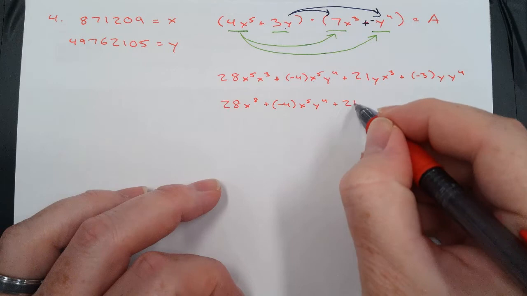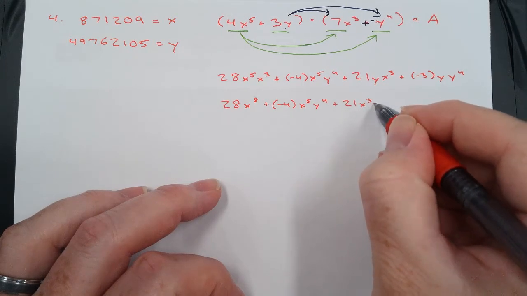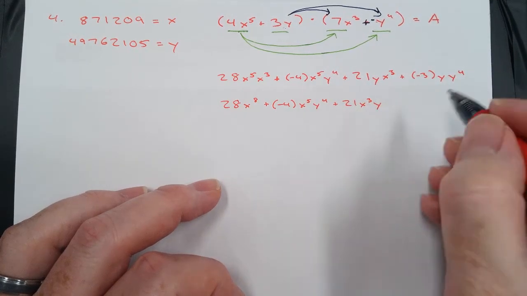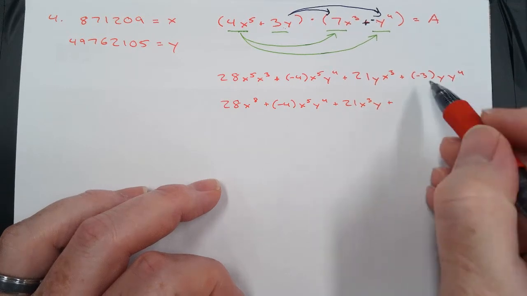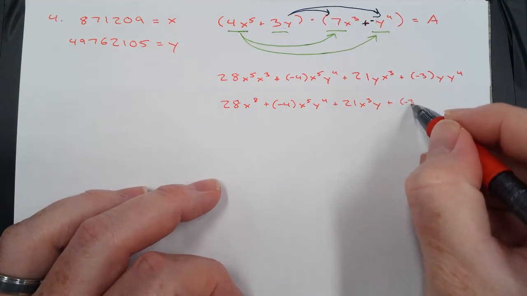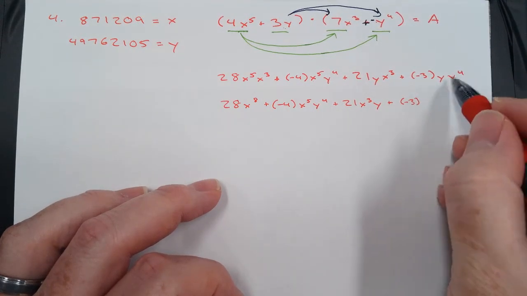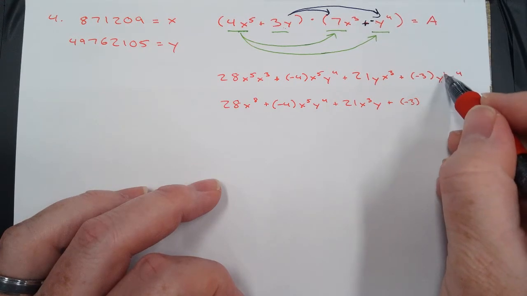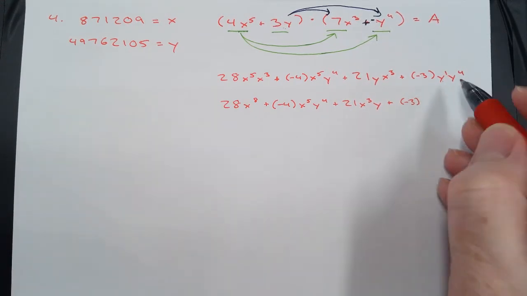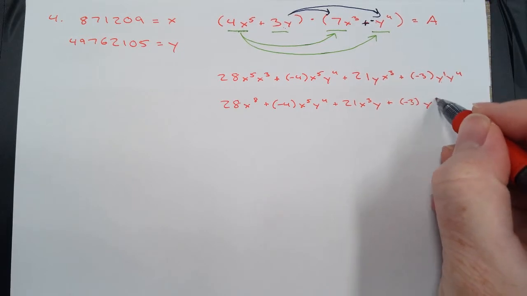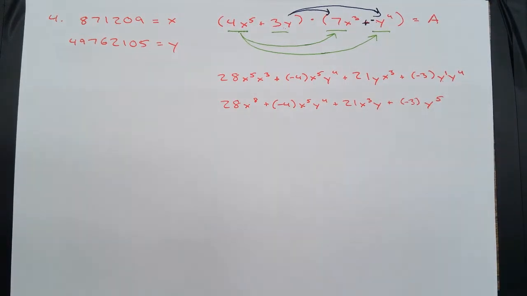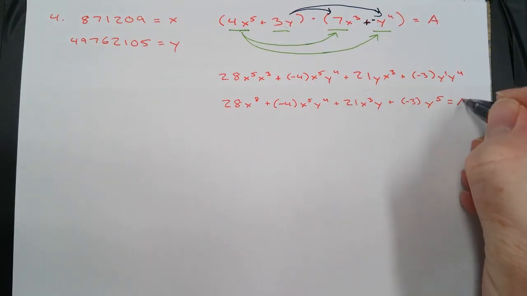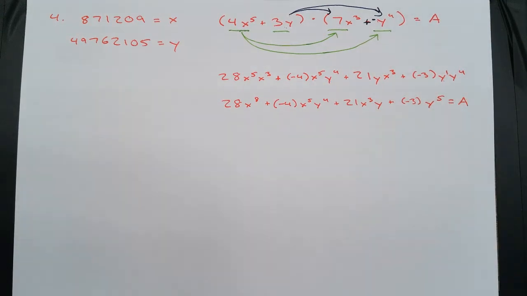The only thing I'm going to change is I'm going to do alphabetical order and put the x first, but everything else stays the same. And then for the last one, we have y to the 4th. Remember, y by itself is really y to the 1st. So this turns into y to the 5th. So this is the area. Although we are not done yet, we have something painful to do.